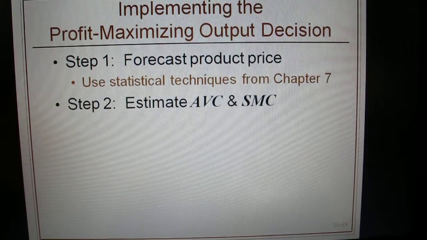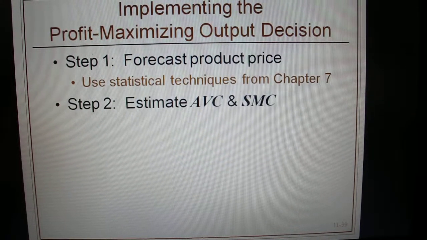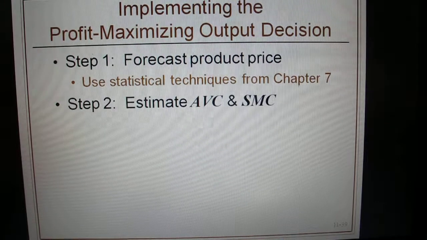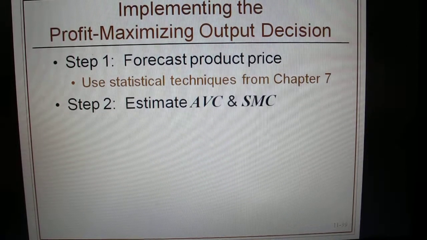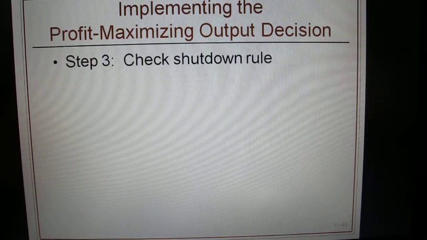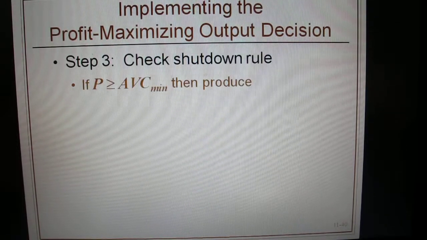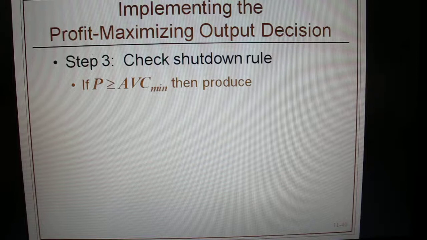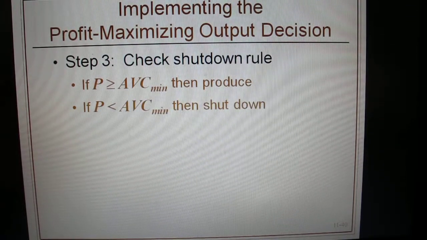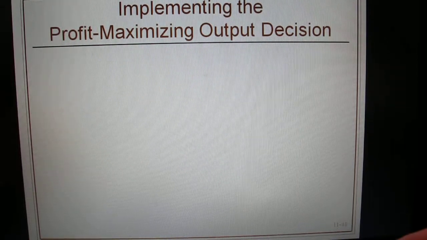Second step, estimate your average variable cost and short-run marginal cost curves. That could be done using statistical techniques that we developed in Chapter 7 and some of the information that we learned in Chapters 8 and 9. Then we would want to check our shutdown rule. If the price is greater than the minimum average variable cost, then you should produce. If it's less than the minimum average variable cost, then you should shut down.